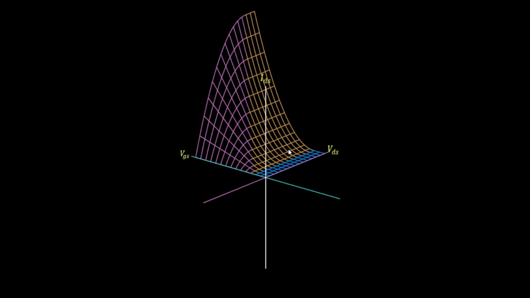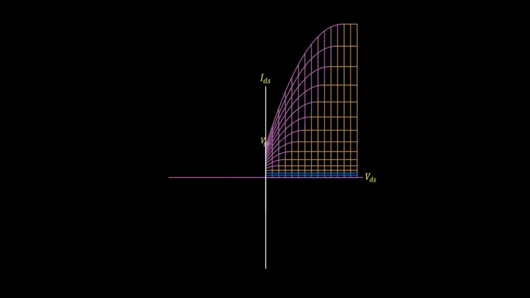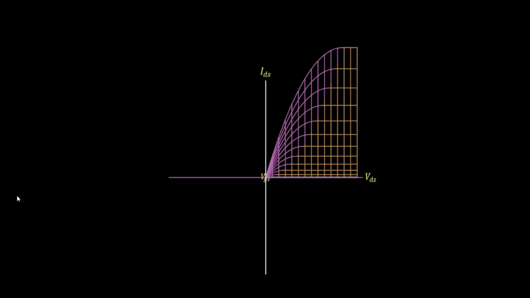Now you can see that if we were to adjust the angles here, so if we turn this round to this angle here, and adjust that to 270 degrees, we're going to have the value of VDS along this axis and the value of IDS along this axis.